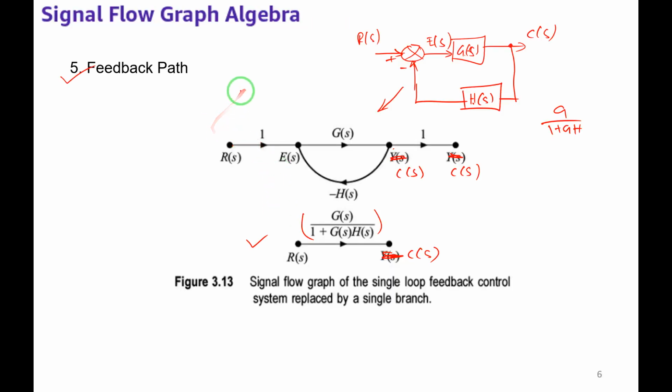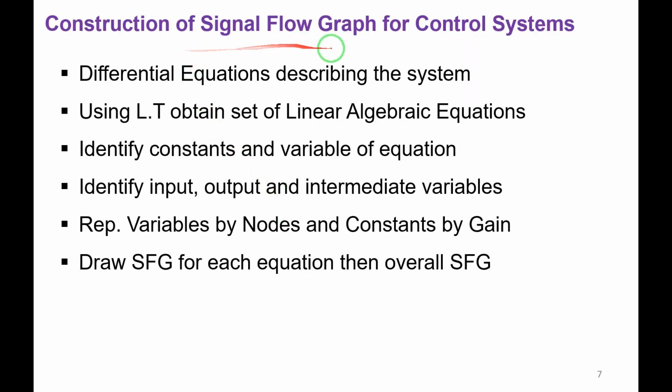So how to apply signal flow graph algebra and reduce them, this is one part we have seen. The next is construction of a signal flow graph for a control system, which we already saw in the morning. If I have a differential equation, take the Laplace transform and you will get a set of linear algebraic equations, right?